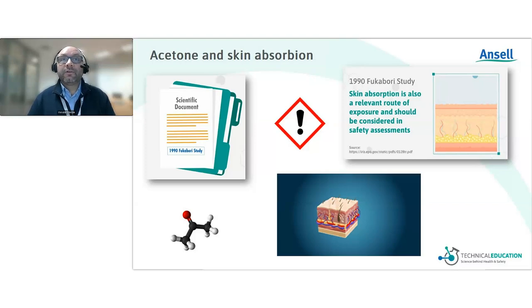So the conclusion of the study is that the skin is an important route of exposure for acetone, and you need to take it into consideration in your safety assessment. Here, it's not only acetone, there are a lot of chemicals that are absorbed. Some of them can lead to chronic effects on organs. And you really need to think about skin absorption in general when you are handling chemicals in your areas.